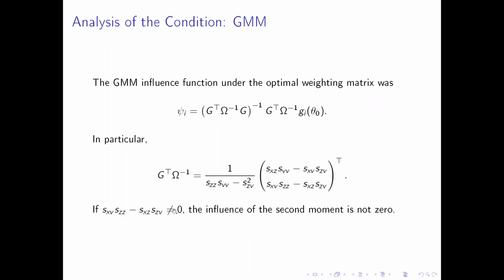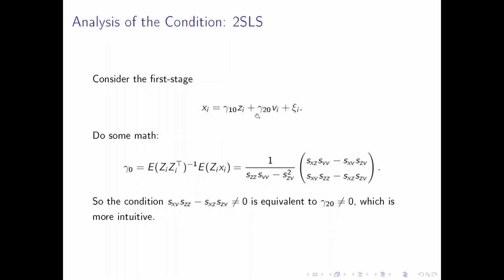So this means if the condition is satisfied, then the second moment's influence is not zero, right? So in other words, the optimal weighting matrix is designed to put some weight on the second moment as long as this condition is true. Okay, so it's less intuitive. GMM is a more mechanical method, but at least you can see how it works from the two-stage least squares case.